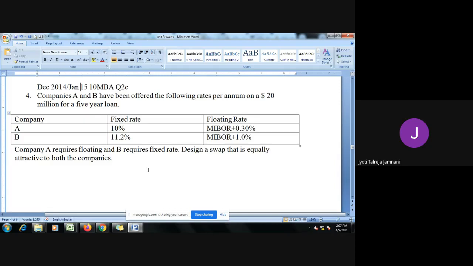Bank commission. The bank as an intermediary, its commission is not given. That means in this swap, we are not going to assume a bank commission. This basically means that this swap is done over the counter, one on one. A and B know each other and they've done it. They've not gone to any bank. They don't want an intermediary, and therefore there is no commission.